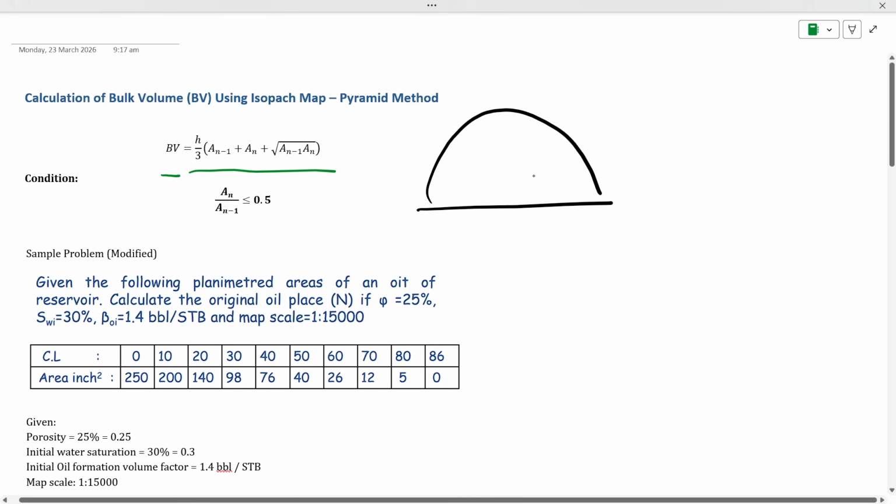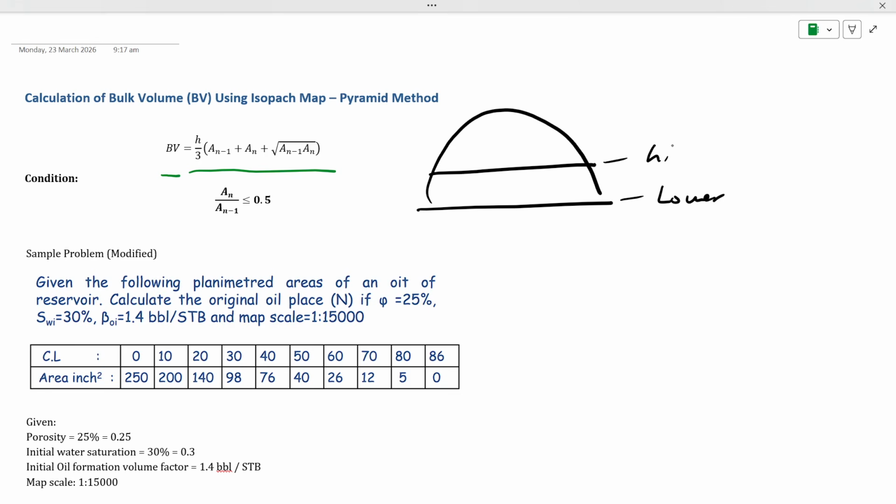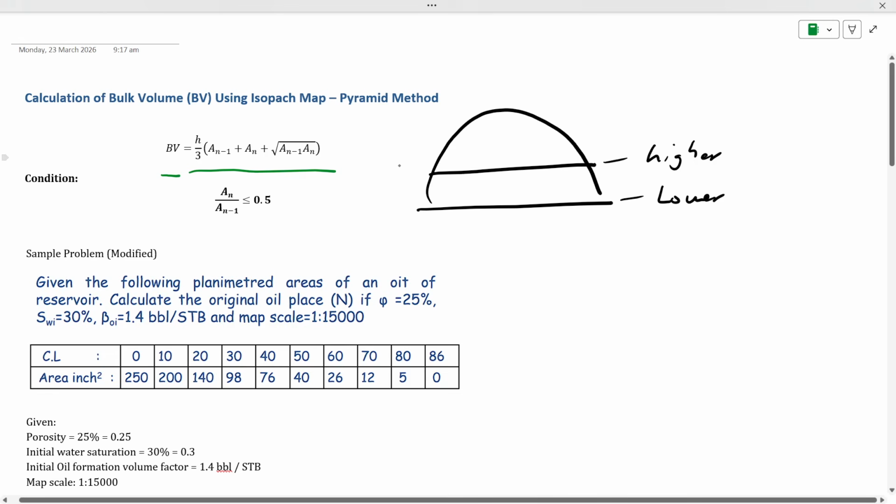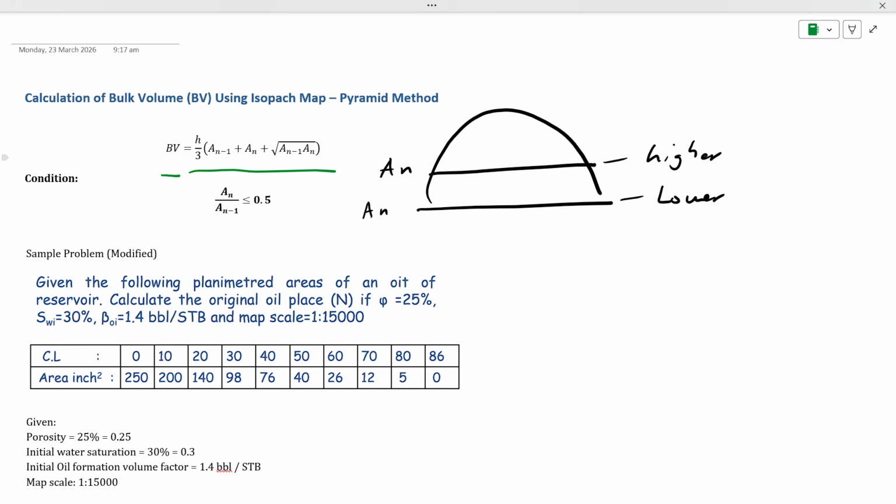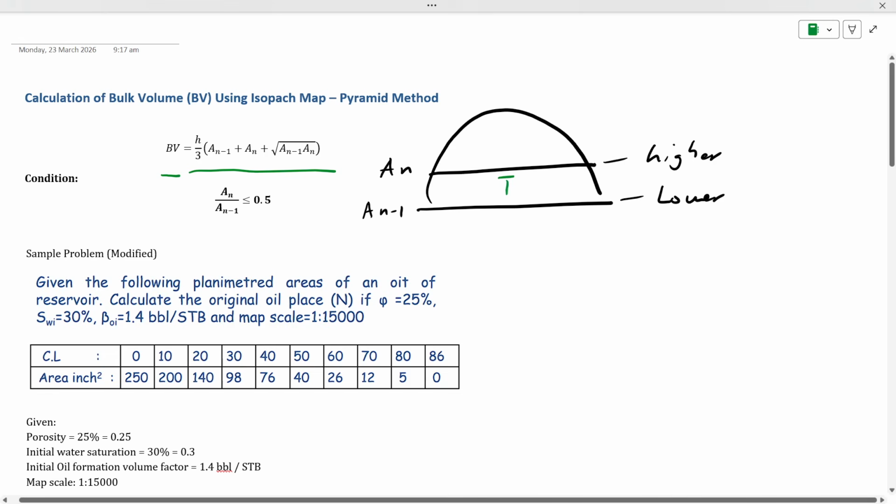Let's say we have the anticline here and you already define this one is the lower and this one is the higher contour level. This is the A sub n and this is the A sub n minus 1. And as for the thickness, this is the thickness of it. So this is how it is illustrated.